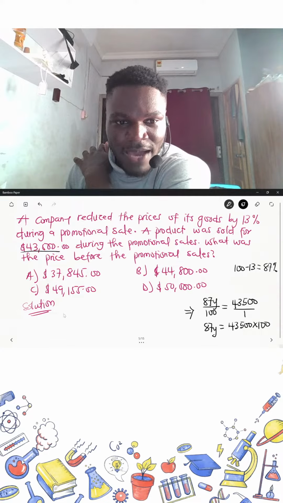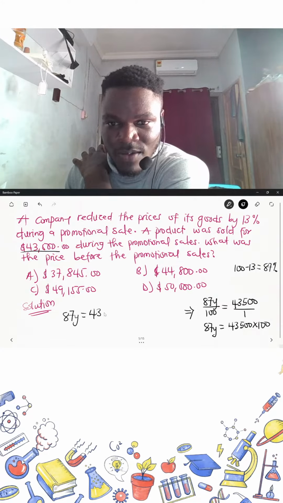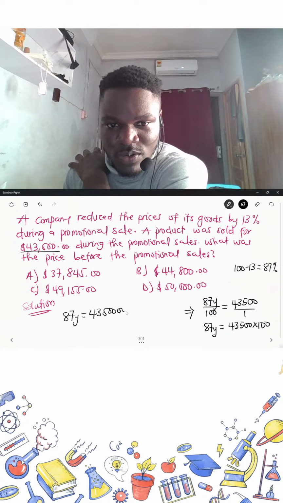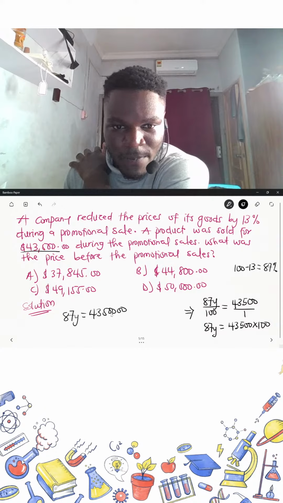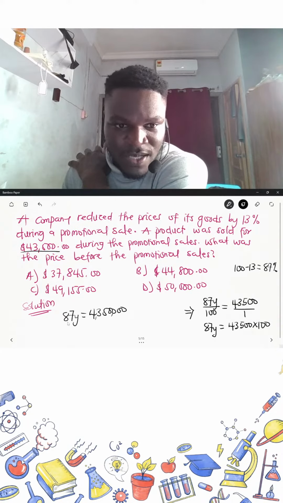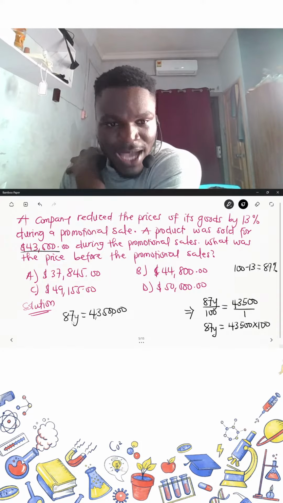So from here, I have 87y will be equal to 43,500 and then multiply by 100. So we add the 2 zeros to it. So that will become 4,350,000. So to find my y, I will divide both sides by 87.